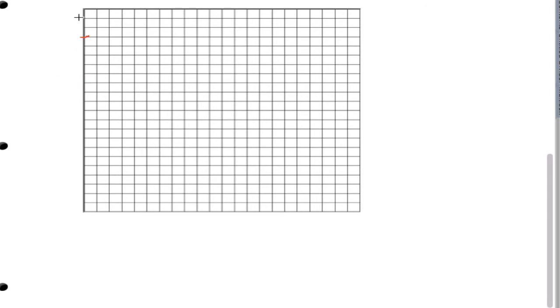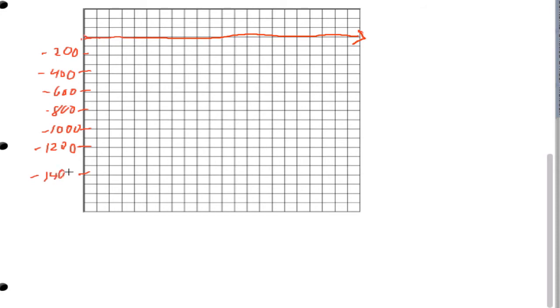I'm going to label in increments of 200, and I'm going to make this my time axis right here. So I'm going to have 200, 400, 600, 800, 1,000, 1,200, 1,400, and negative 200, negative 400, negative 600, negative 800, negative 1,000, negative 1,200, and negative 1,400.